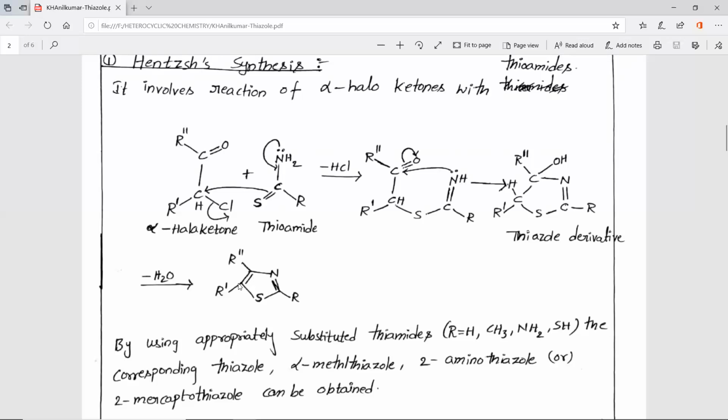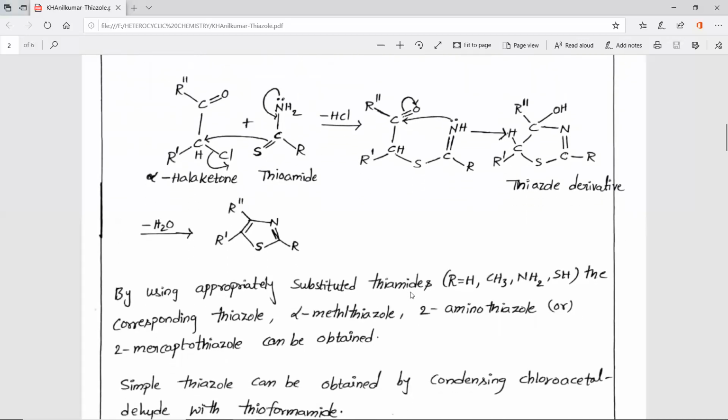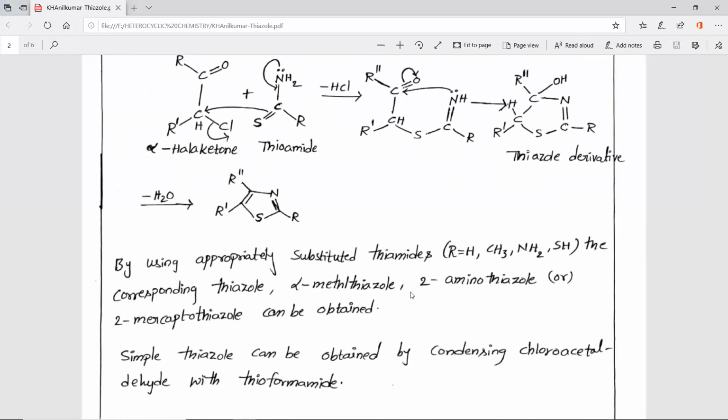And here we can see we can vary the substituents in the thiazole ring system at positions 2, 4 and 5. So if we have only hydrogens, we get simple thiazole. If we use thioformamide and a simple alpha haloketone, we will end with thiazole, or we can prepare variously substituted thiazole ring systems by having various substituents in the alpha haloketone and also in the thioamide. So in thioamides, R can be hydrogen, CH3, NH2 or SH.